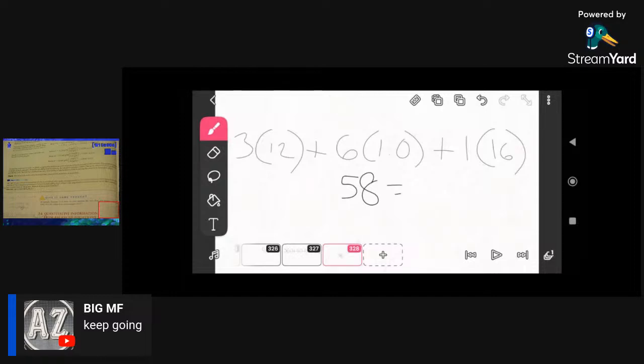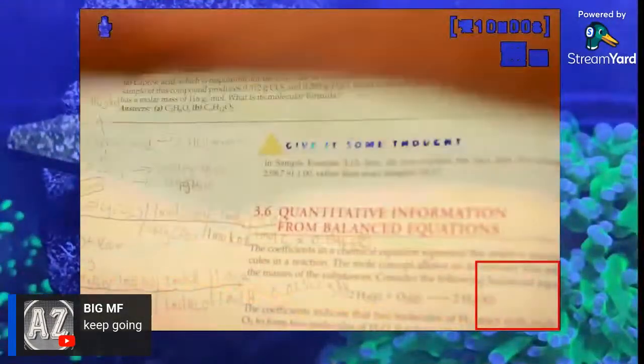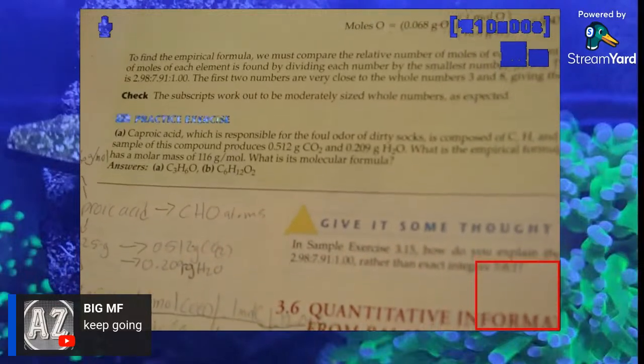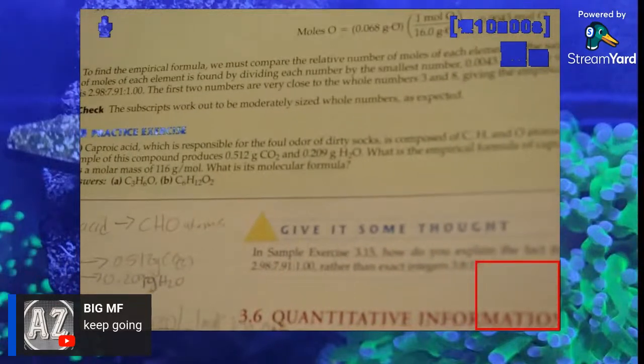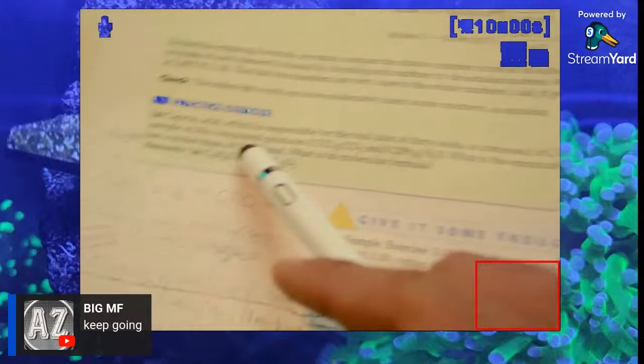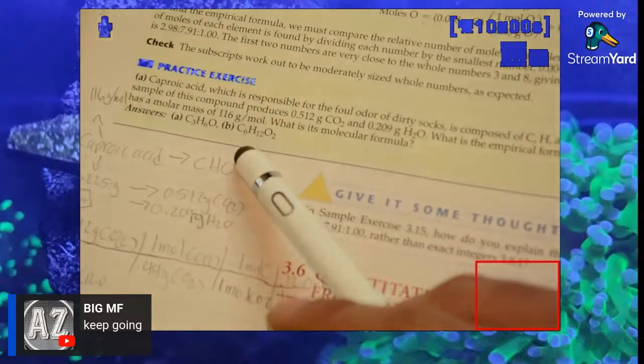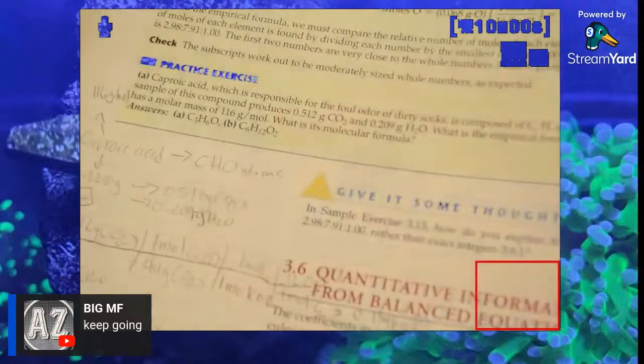And then if you look at the original problem, I was looking at the wrong problem. So if you look at the original problem, oh, there you go. It says it has a molecular weight of 116 grams per mole.